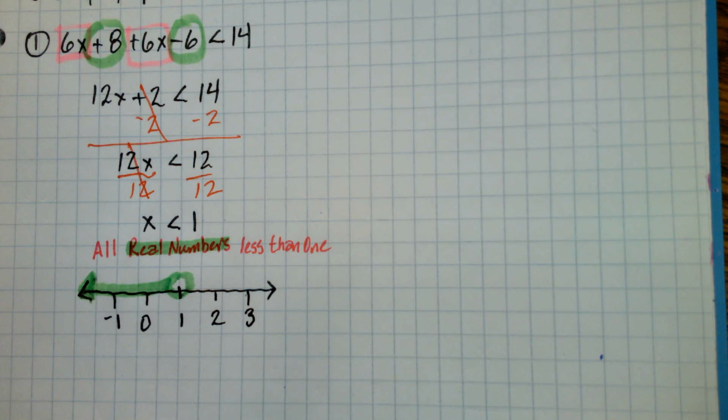So when we say all real numbers, we're basically saying everything. Because sometimes if you just say x is less than 1, the belief is, well, that means it's 0 and -1 and -2 and -3.